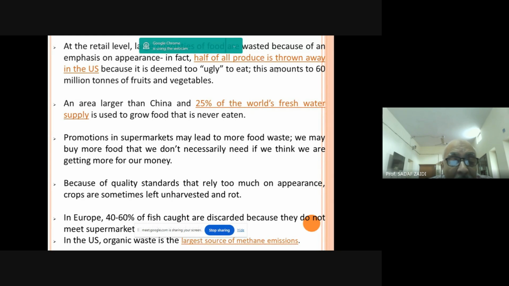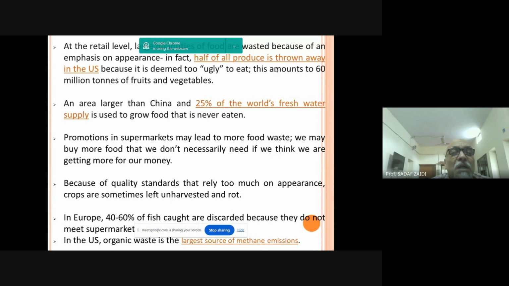And one very interesting fact then, that in Europe 40 to 60% of the fish caught are discarded because they do not meet the supermarket regulations which are there for a particular appearance of the fish. And then in the US, if you see, the organic waste is the largest source of methane emissions, greenhouse gas emissions.